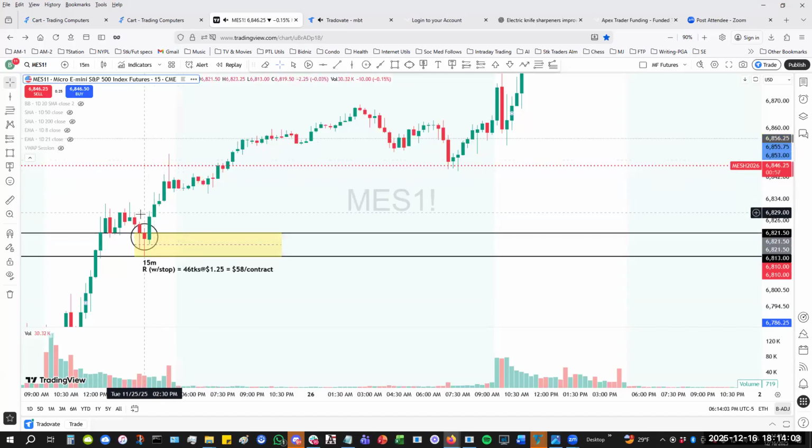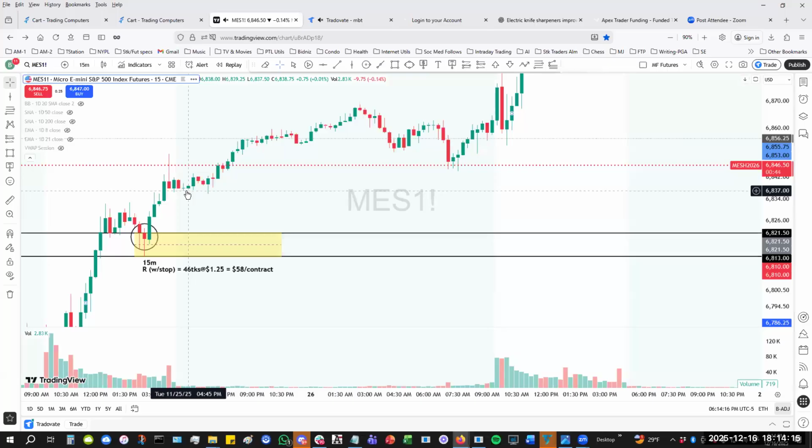What we mean by that is price comes down, consolidates, and then pops. That's a drop base rally. When price returns here, there is the expectation that there is going to be another round of buying. Why?